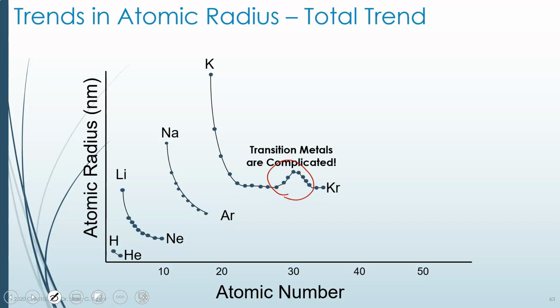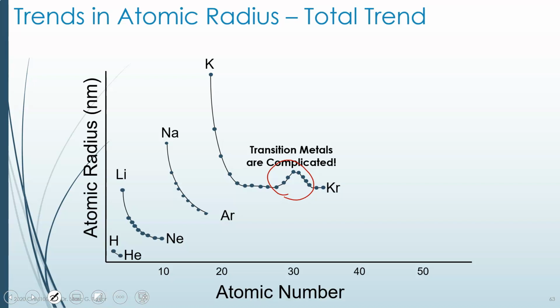Well, the little hump is because that's where the 10 transition metals are located. Roughly 10 of these dots, almost about 8 or 10 of these are transition metals. And that is because transition metals are just very complicated as far as where the electrons are. It's much more complicated than just saying which orbitals they are.